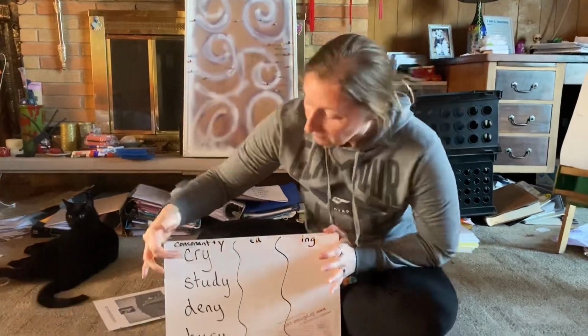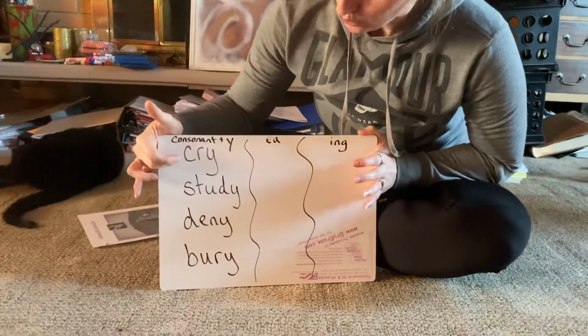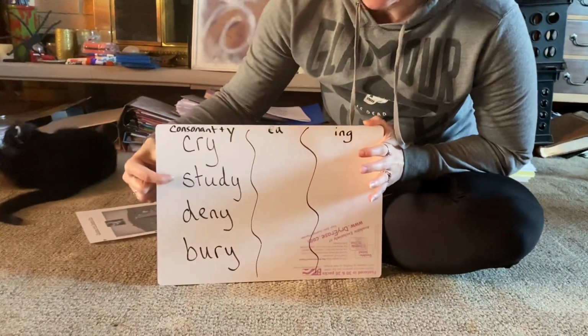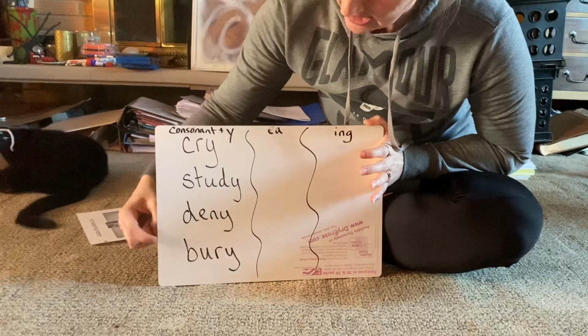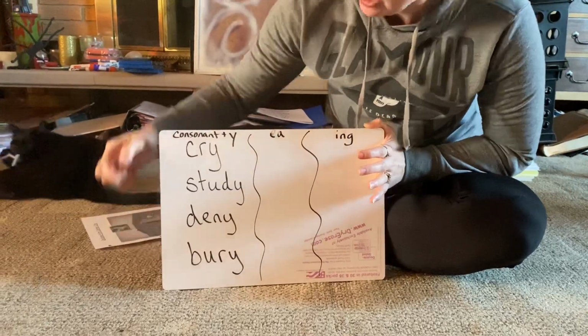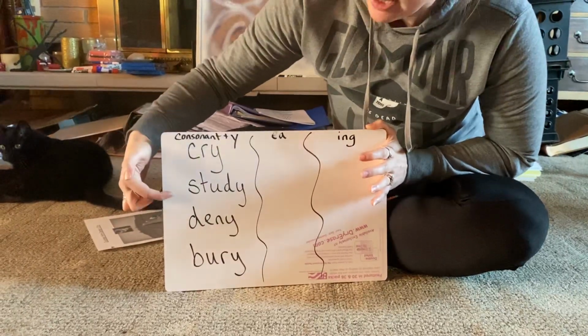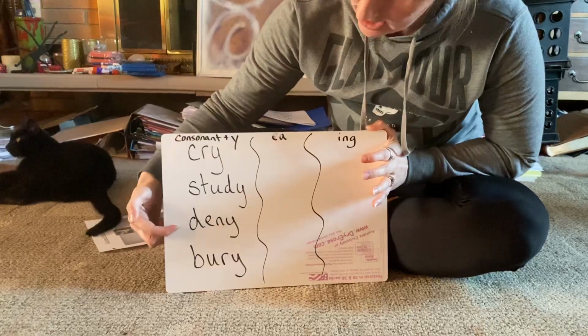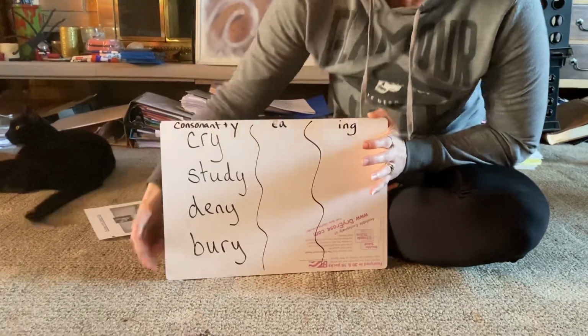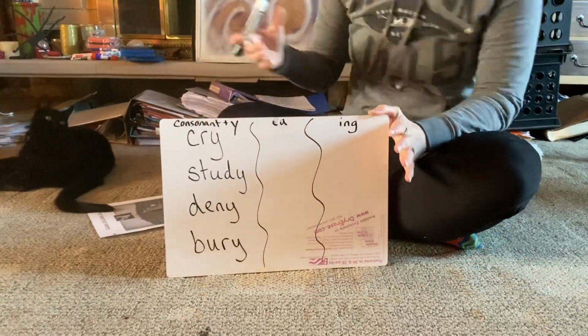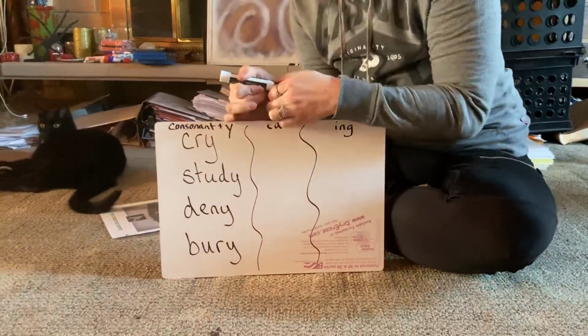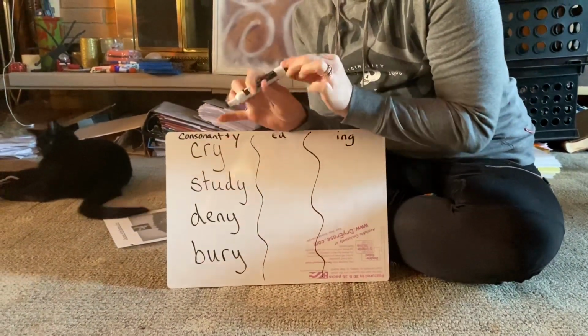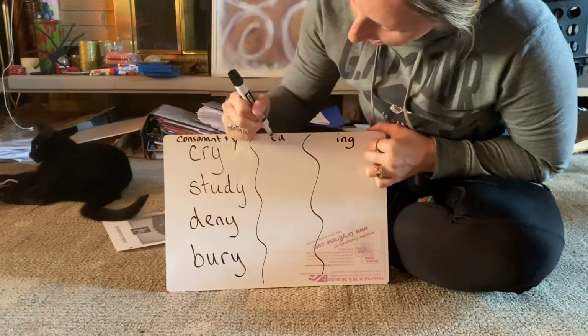Okay, so cry, study, deny, and bury. We have an I sound, an E sound, an I sound, and an E sound. So thinking about these, if we added our suffix ed, we have a friend ed.